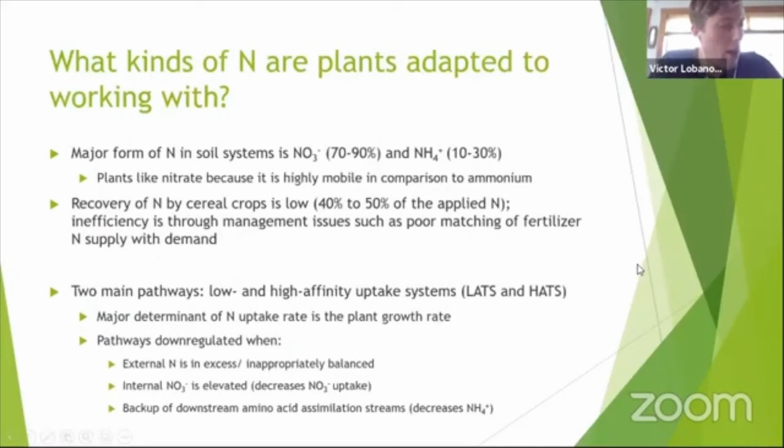So generally, plants like nitrate and ammonium as their preferred nitrogen sources, and they tend not to be that great at taking up nitrogen by itself. They really require the microbial community for that, and they have different uptake systems. I'm not going to go into too much detail here, but basically, they can take up more nitrate or ammonium depending on what's available, but they do like to have that combination.